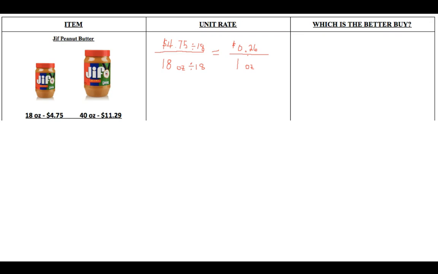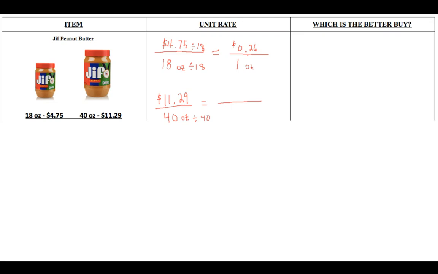Let's compare it with the cost per ounce of the 40-ounce jar. So my cost for the 40-ounce jar is $11.29, and that is for 40 ounces. Now, in order to compare these unit rates, I'm going to want a denominator of 1. So in order to get a denominator of 1 ounce, I need to divide by 40.